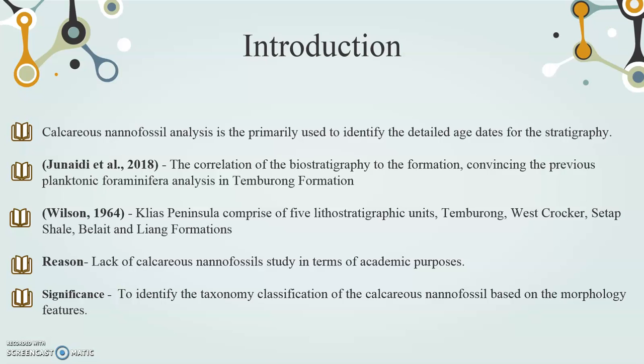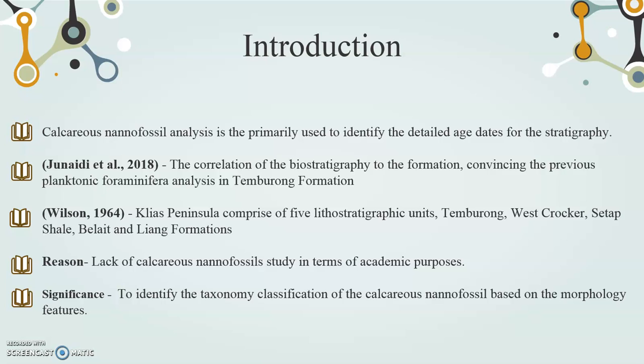This study area had a correlation of the stratigraphy to the formation, confirming the previous planktonic foraminifera analysis by Junaidi et al. 2018, and it is also one of the onshore outcrops of the western side of Sabah mainland, which contributed to the high potential of hydrocarbon exploration within the Temburong formation.